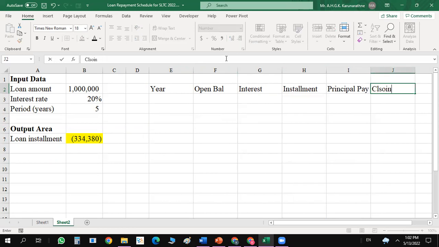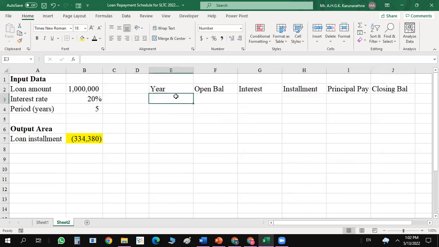Finally, closing balance. Year 1, year 2. We can go for just 5 years like this.